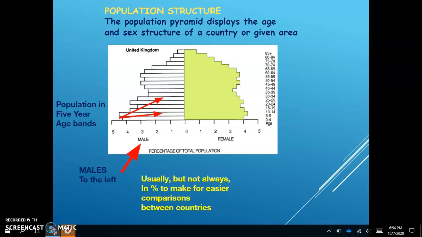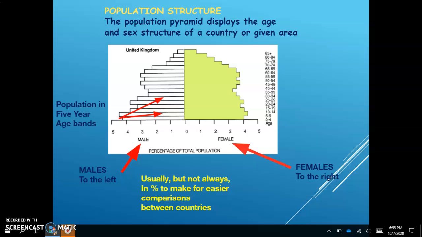So males are on the left-hand side and females on the right. Sorry, I feel like I went through this a little bit too quickly. What this is showing us is just the breakdown between sex and age of a population.